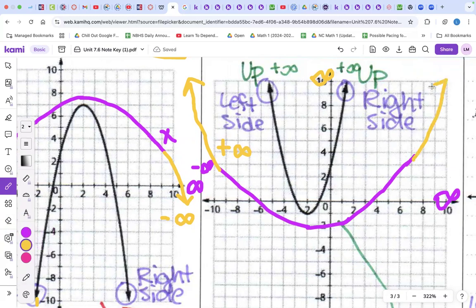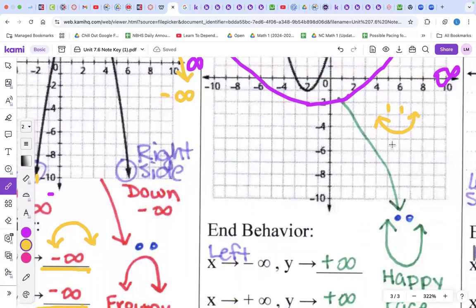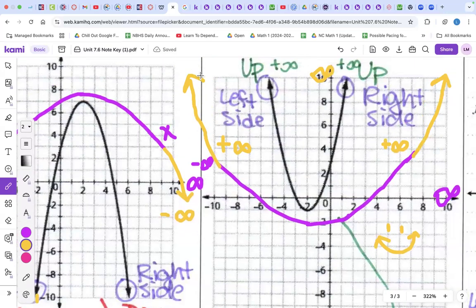So when x approaches positive, as long as it's smiling, yay! Y is always positive. Y approaches positive. So we have a positive infinity here and a positive infinity here. That's our end behavior for y. So down here, happy thoughts: as x approaches negative infinity, y still went up to positive.